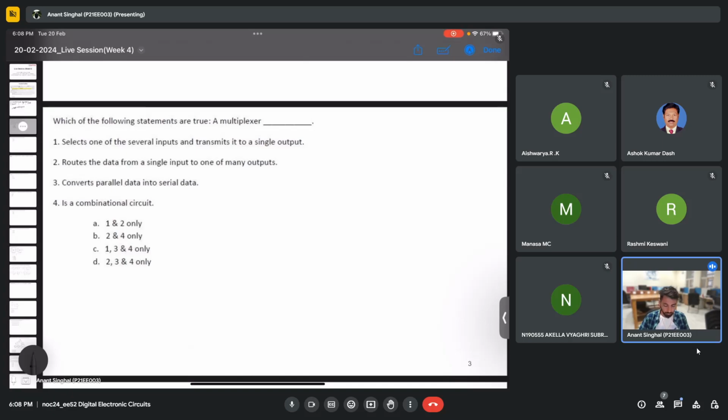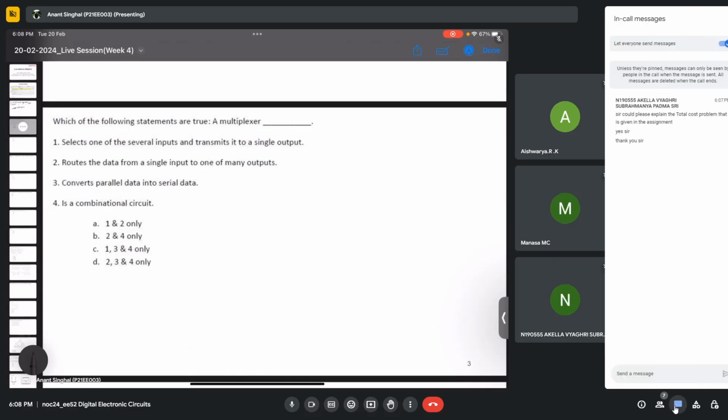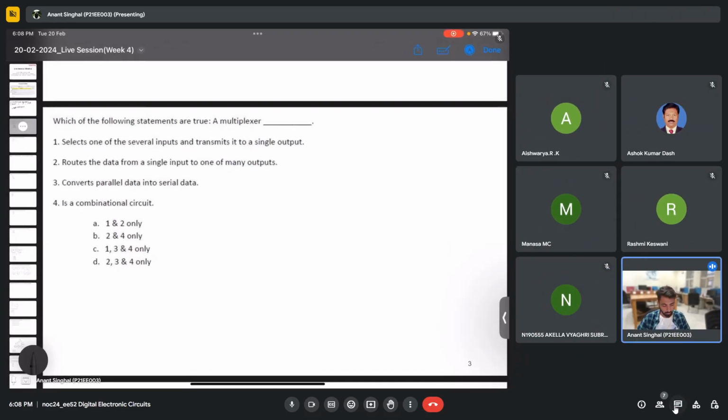In this particular question, it has asked which of the following statements are true. You can also write your answers in the chat box if you already know, and I'll be solving it simultaneously. The first statement says that a multiplexer selects one of the several inputs and transmits it to a single output.